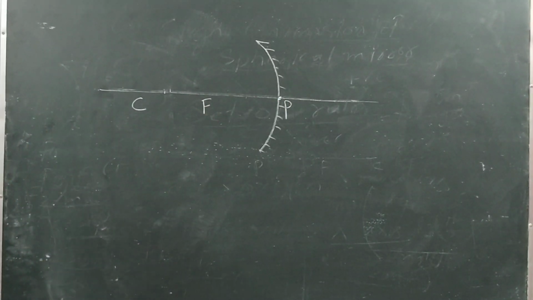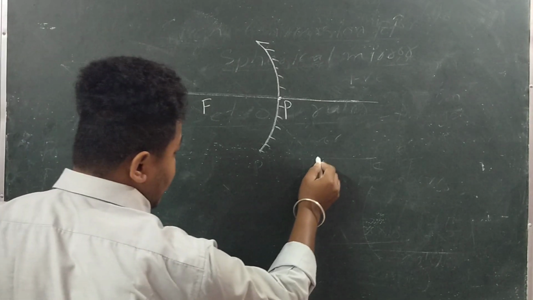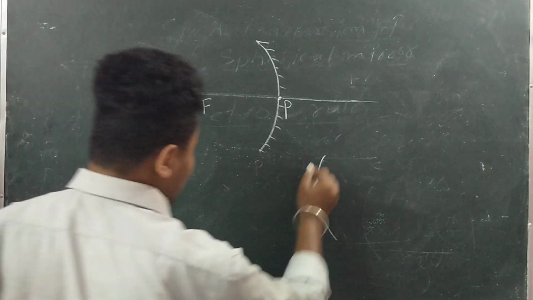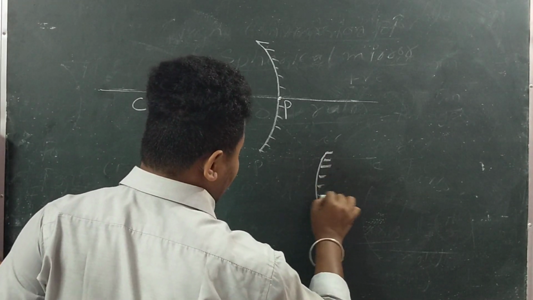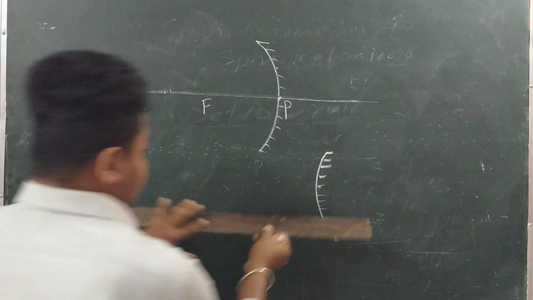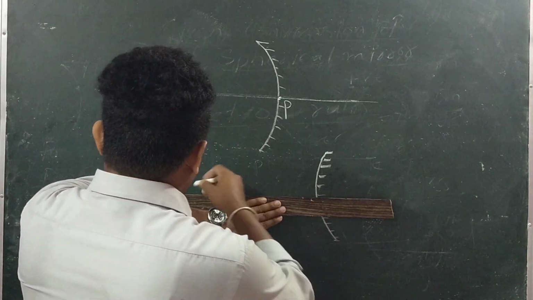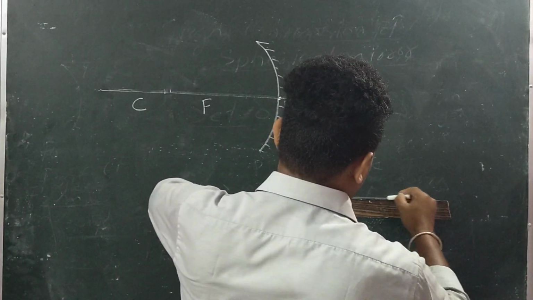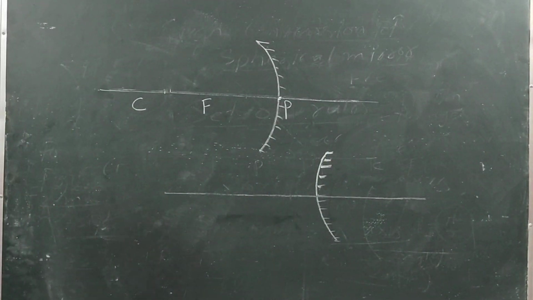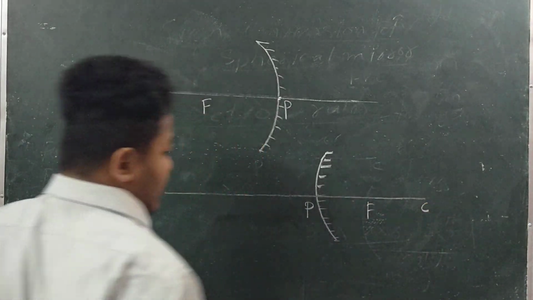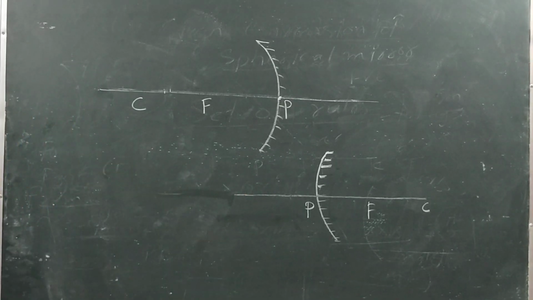No matter whether it is a concave or convex mirror, if I consider this a convex mirror, this will be the silvered portion and this will be the reflecting surface, and this is your principal axis. In this situation, this is the pole, this is the principal focus, and this is the center of curvature.